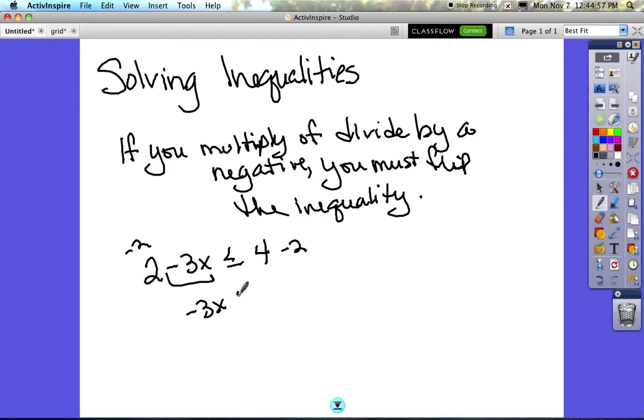Negative 3x is less than or equal to 2. If I multiply or divide by a negative, what have I got to divide by? Negative 3. So I divided by a negative, so I have to flip the inequality. It's no longer less than, it is now greater than.